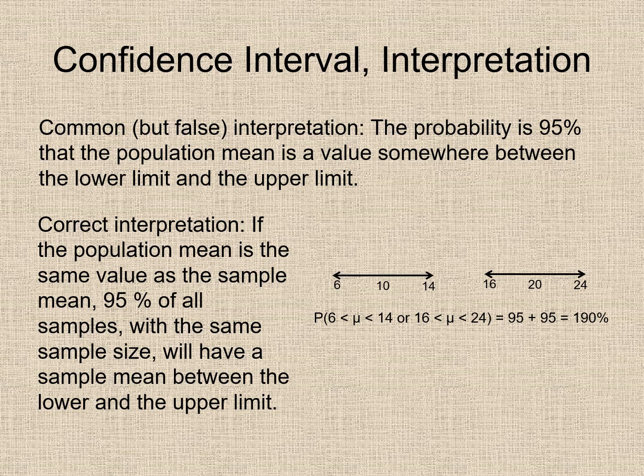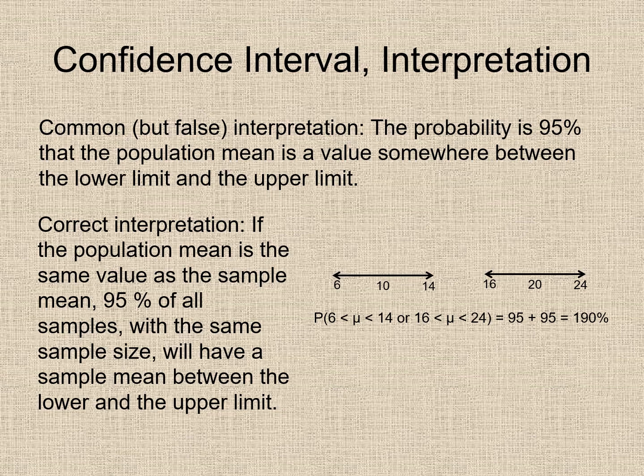The correct interpretation is rather that if the population mean is exactly the same as the sample mean, so in the previous example, if the population mean is exactly 4.33, then the probability is 95% that if we draw a sample of size 10 from the population, the sample mean will be somewhere between 2.77 and 5.89.